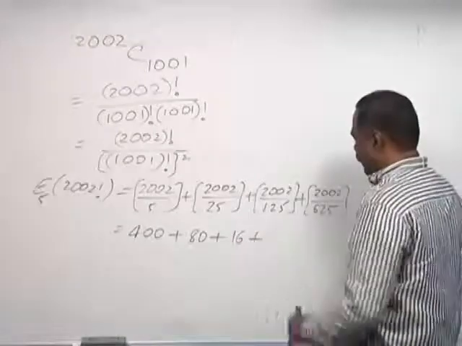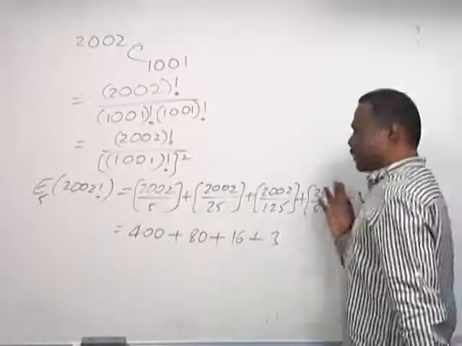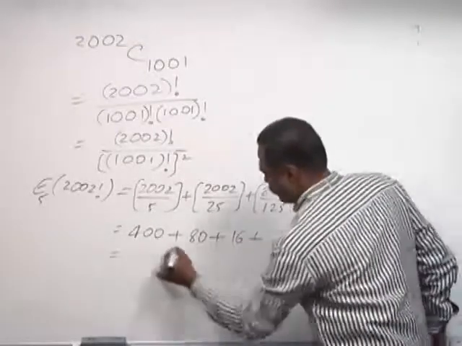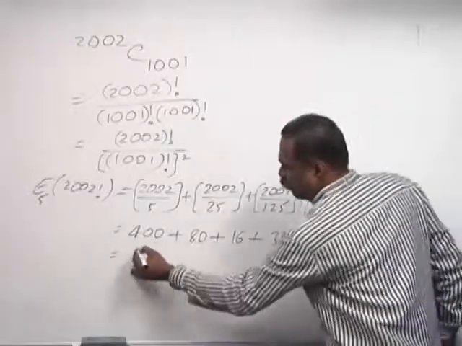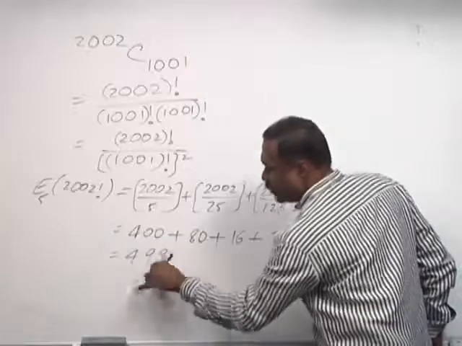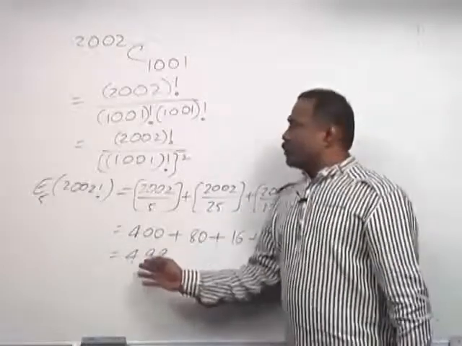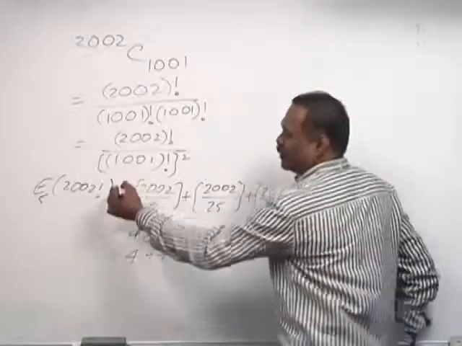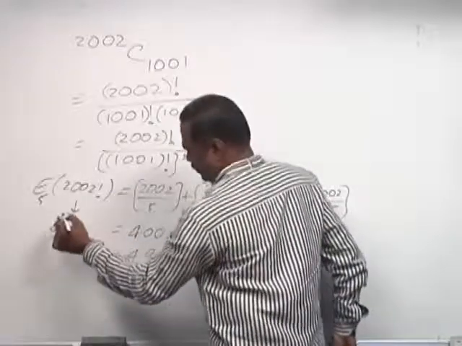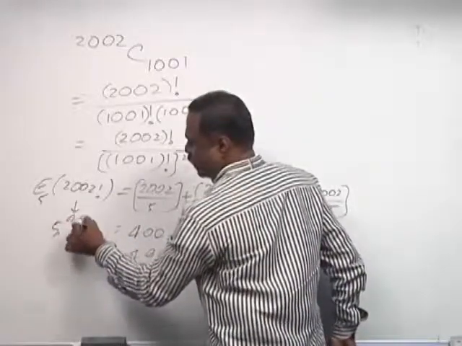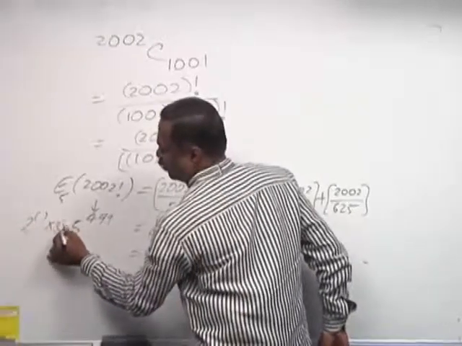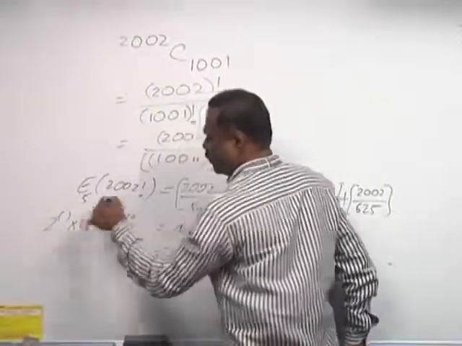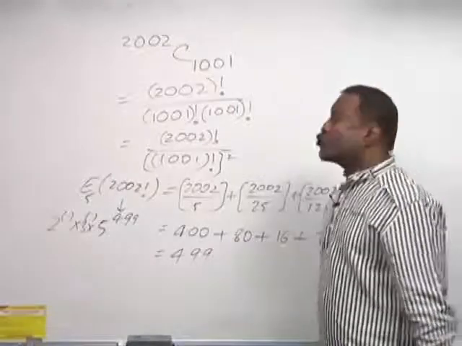So how much is it? It is 499. So understand, in this one the power of 5 is 499. Whatever the power of 2, we are not worried. Whatever the power of 3, we are not worried. We take only the power of 5 in this case now.